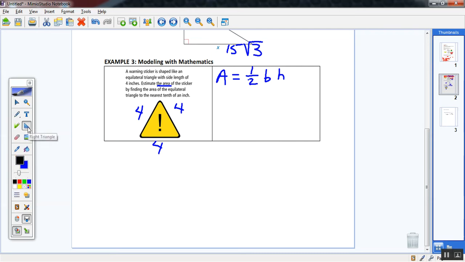But let's make it even easier on ourselves. How about that? Cut this thing in half. I'm going to cut this thing in half. You okay with that? Kids, I'm going to move this part down here, all right?